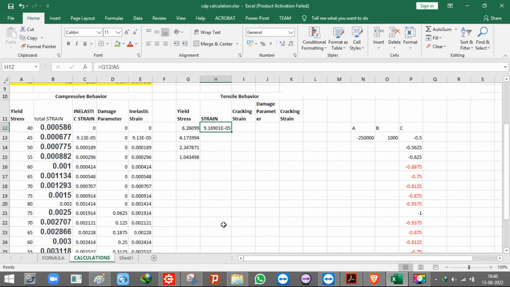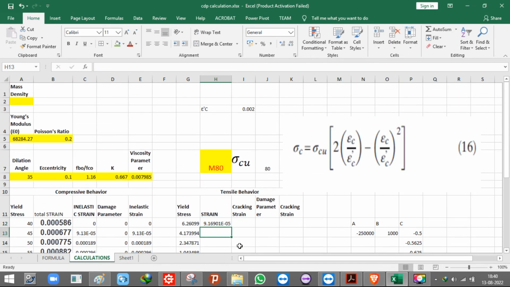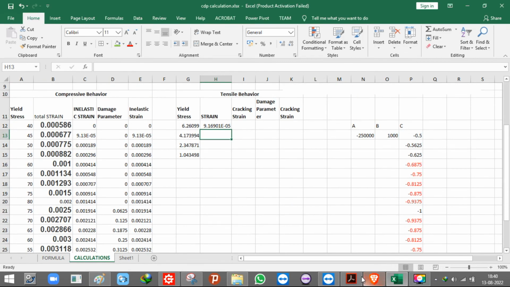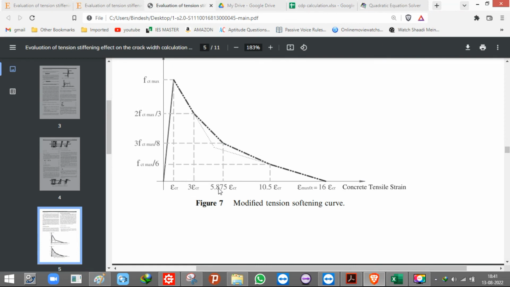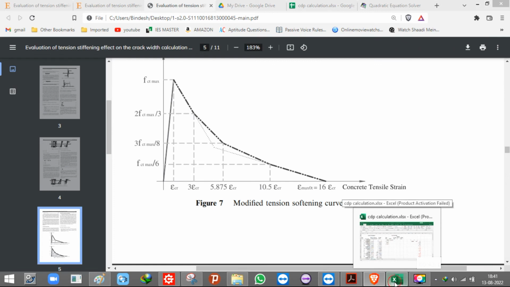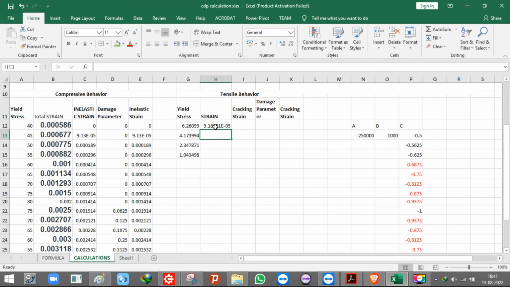So this is my first strain value, and corresponding strains will be this one, 3, 5.875, 10.5. I'll copy this one, or just make this one constant and drag it over.